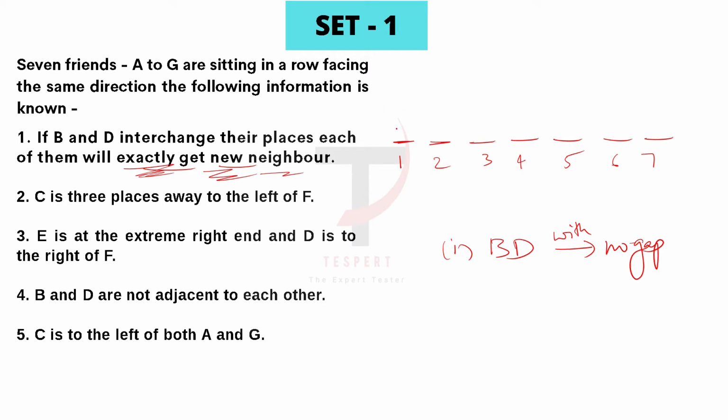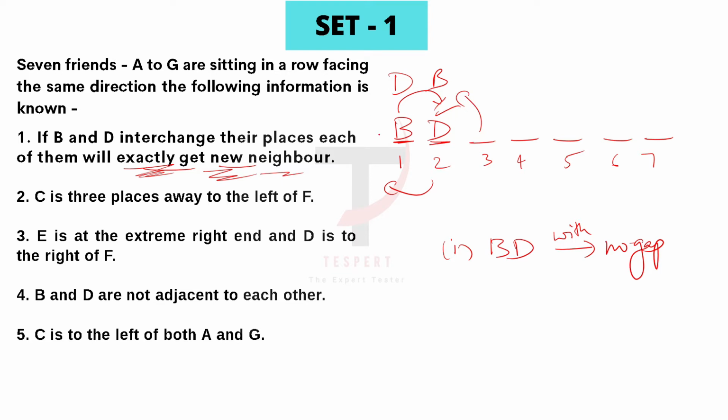If I place B at 1 and D next to it, D is the neighbor of B, and the guy at position number 3 will be the neighbor of D. However, if we interchange these positions, now D will be here and B will be here. Now the new neighbor of B is 3. What about the new neighbor of D?